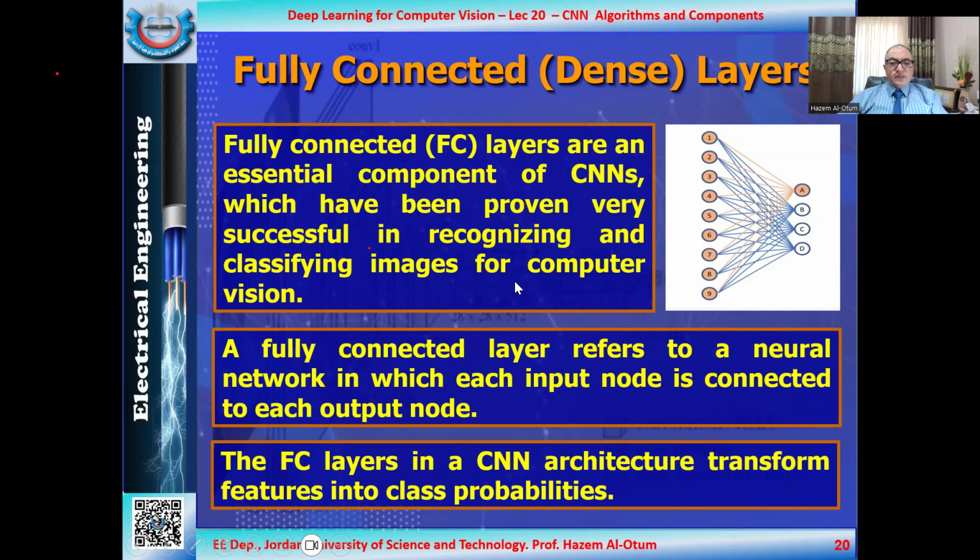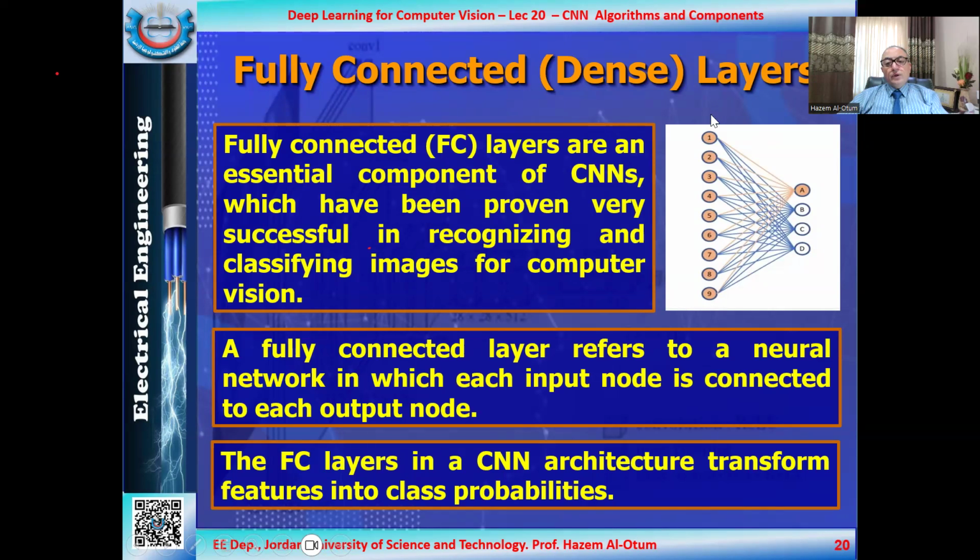Why do we use this? Usually, when you apply a fully connected layer, the main purpose is to prepare your data for the output. And this can be done by converting the input values, the feature components, to class probabilities. So in this case, A, B, C, and D are classes with probabilities according to the inputs from A to 9.